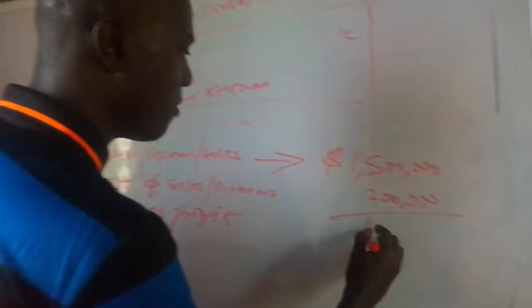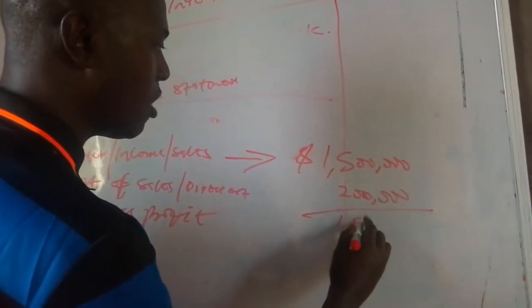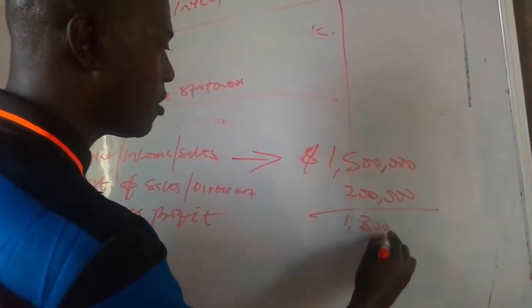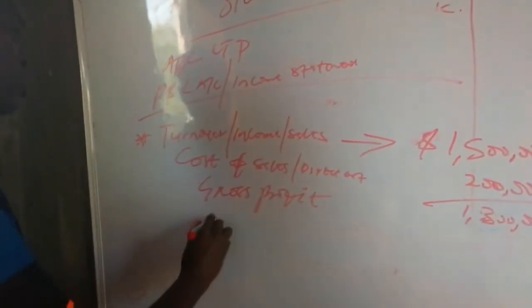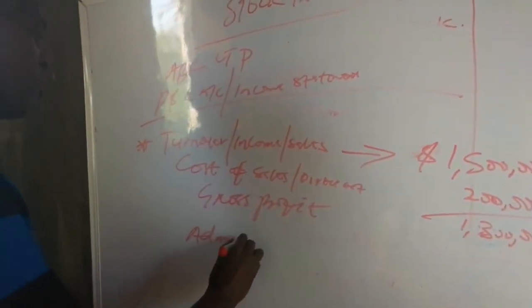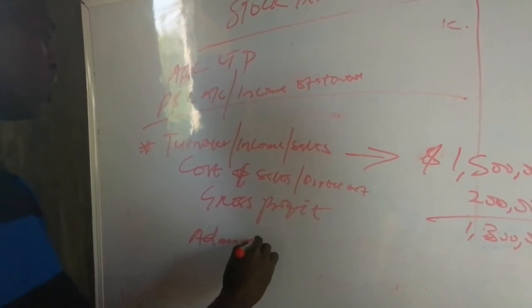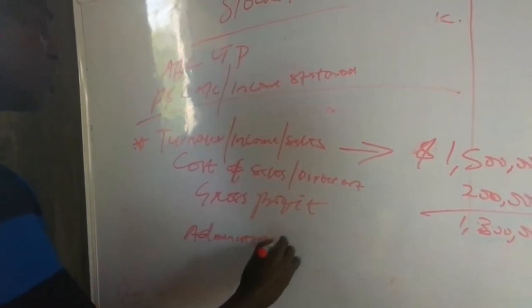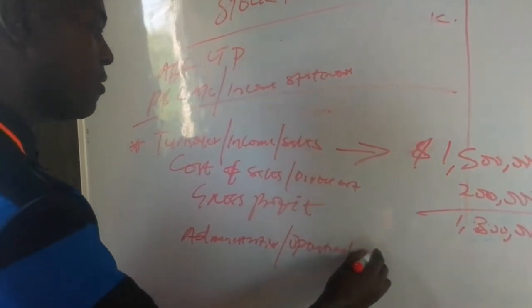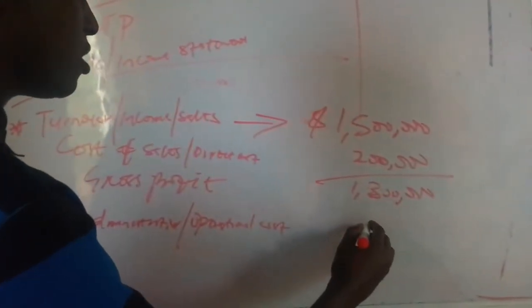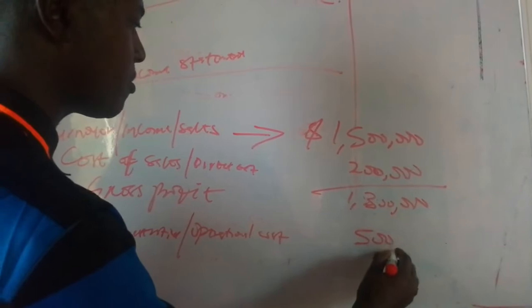as 1.3 million dollars. Then we have our administrative cost, slash operational cost. Let's have 500,000.